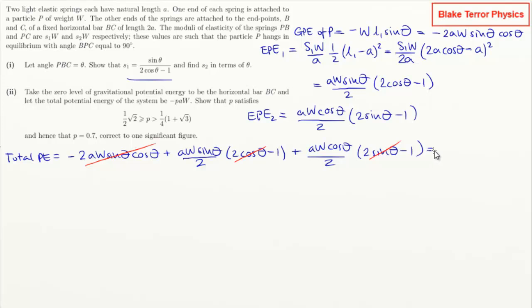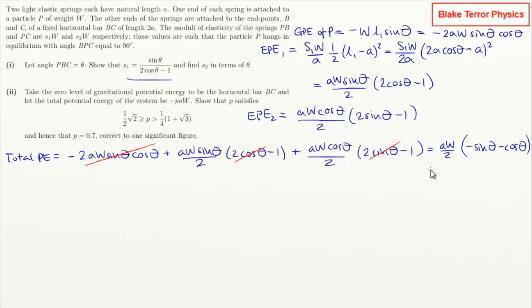Okay, so it's not a lot left. So I've got AW over 2 multiplied by, what have I got? I've got a minus sine theta and a minus cos theta. Okay, and we're saying that is equal to minus PAW.